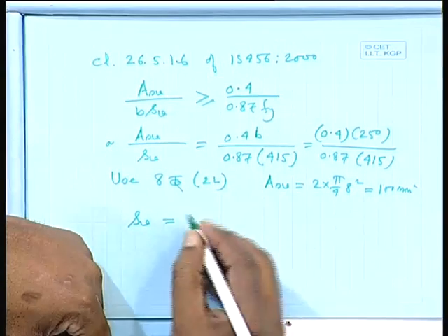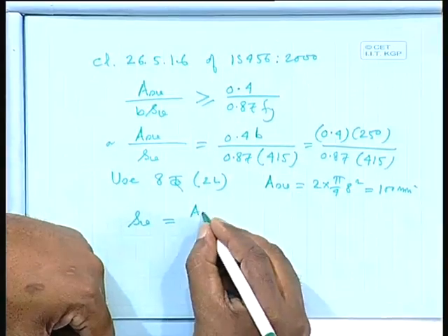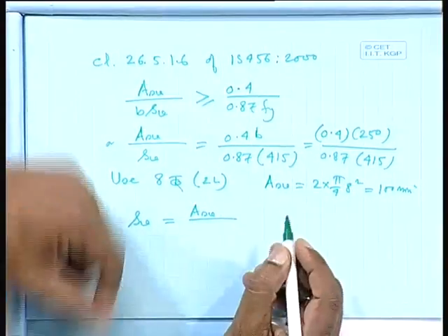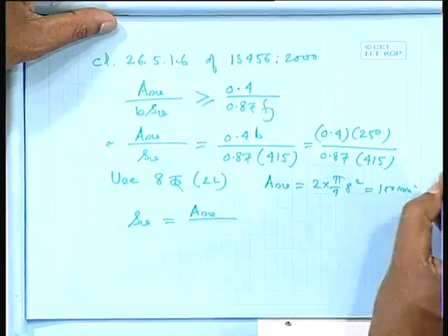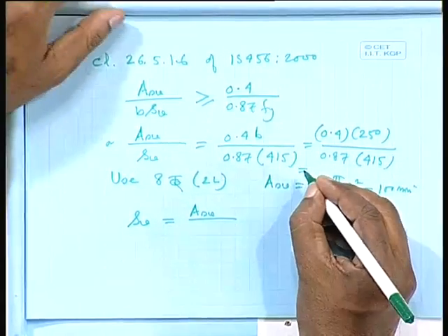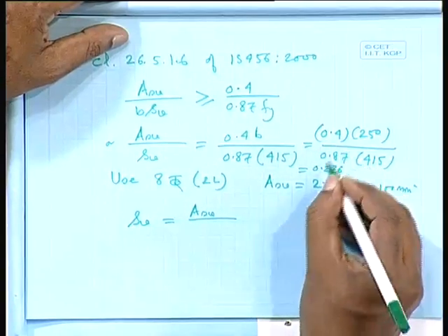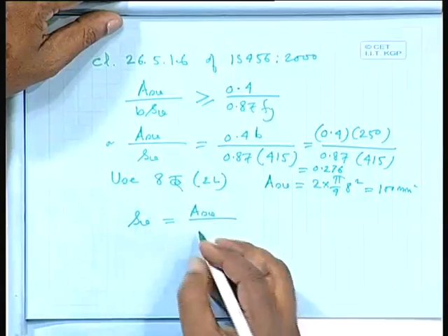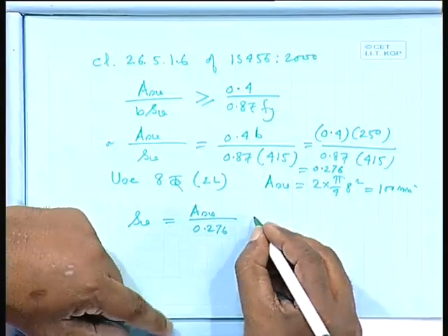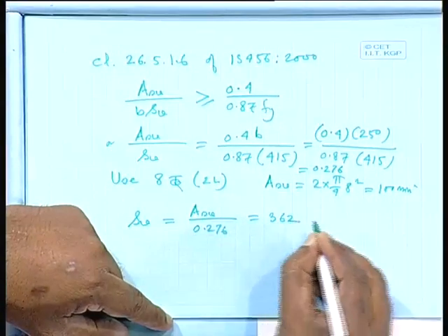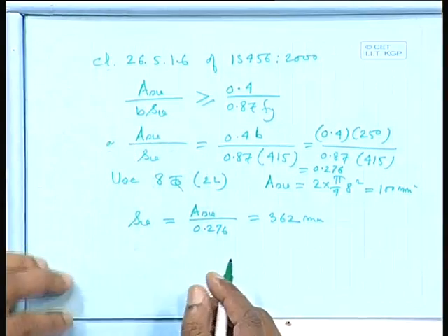SV equal to ASV divided by this value, ASV by SV, which comes as 0.276. So, from there we can find out SV equal to 362 millimeter. What about the maximum spacing?